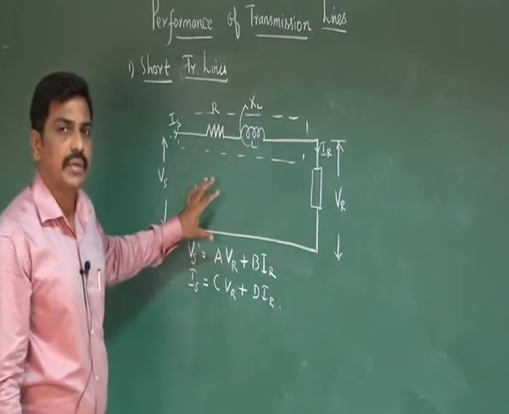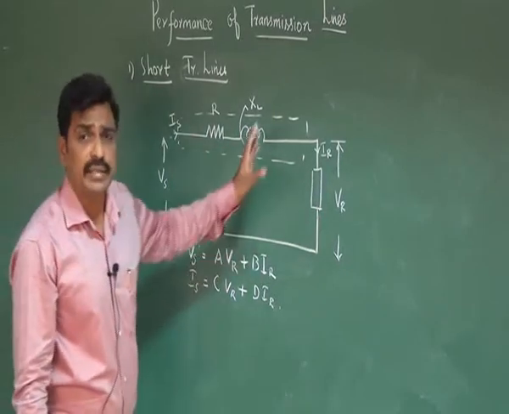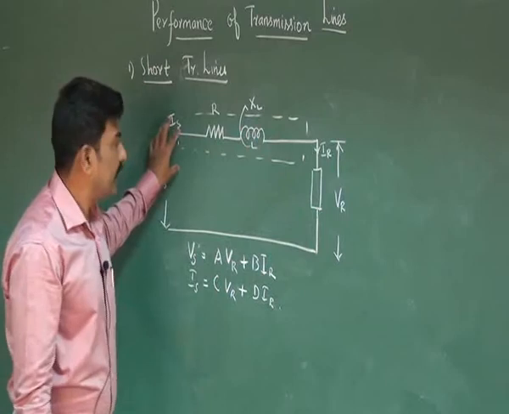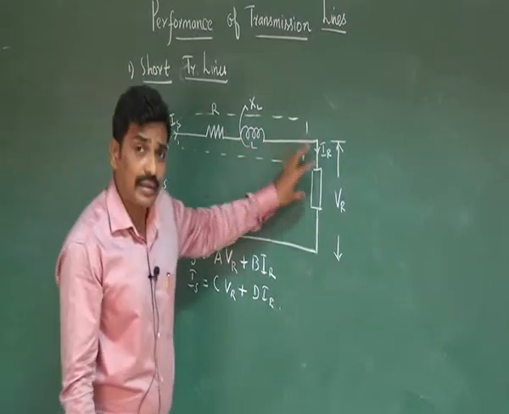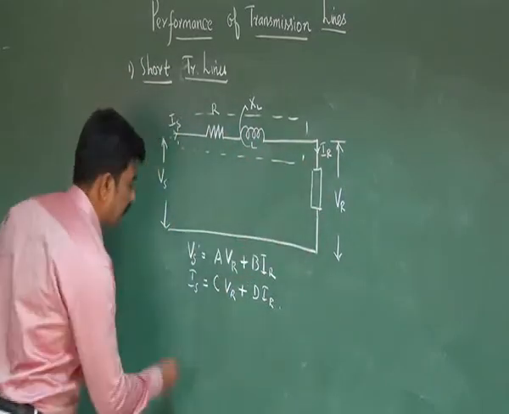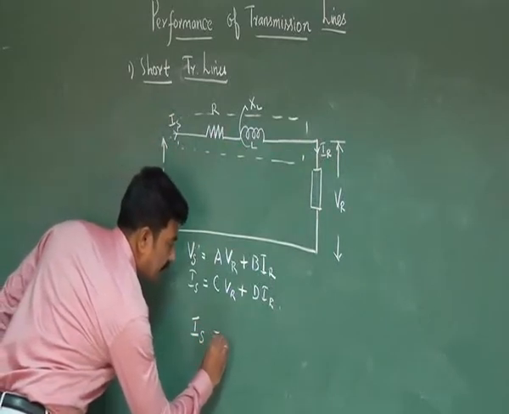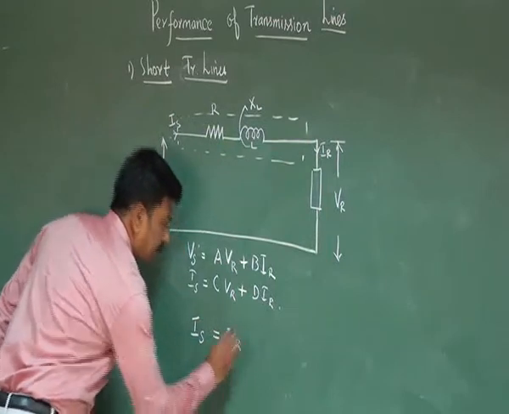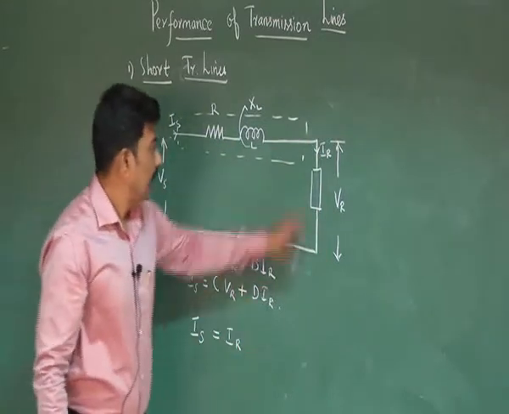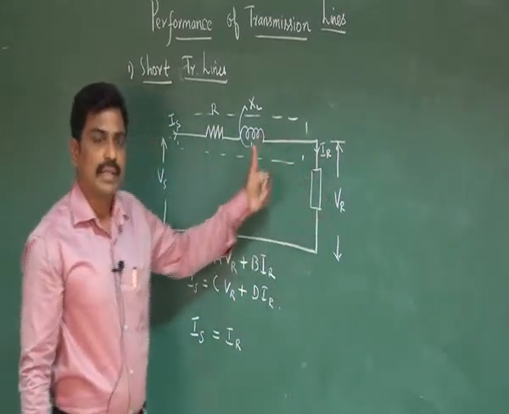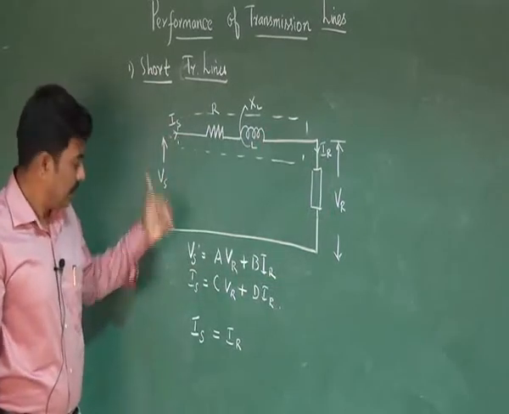As we have a series circuit, as we don't have any shunt branches, the sending end current IS is straightaway equal to IR. Therefore, we can straightaway write it as IS is equal to IR. That means receiving end current is equal to sending end current.